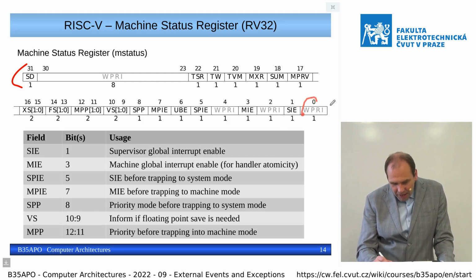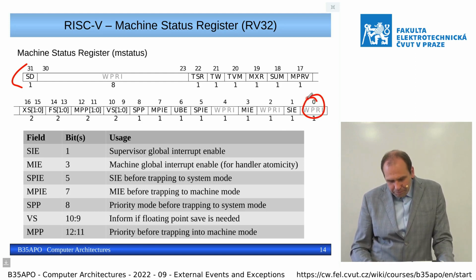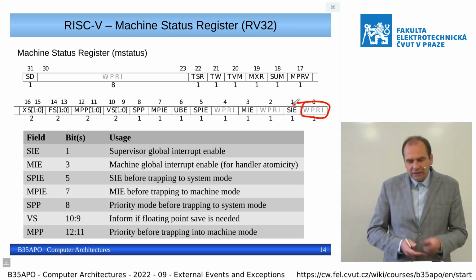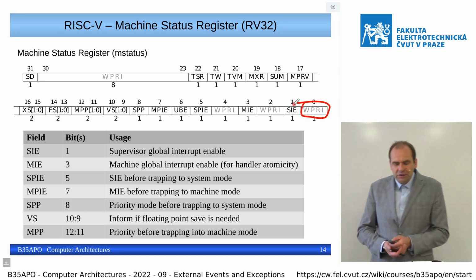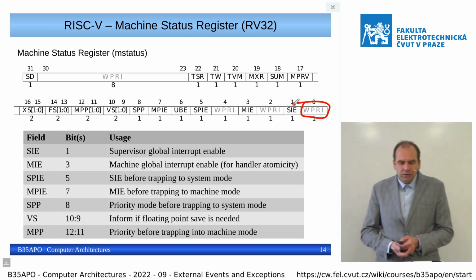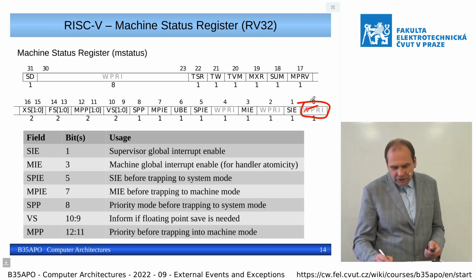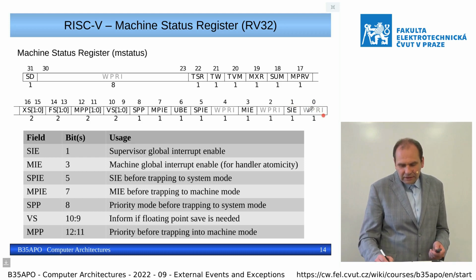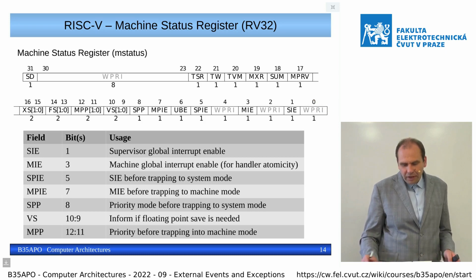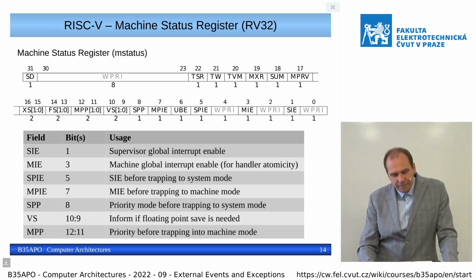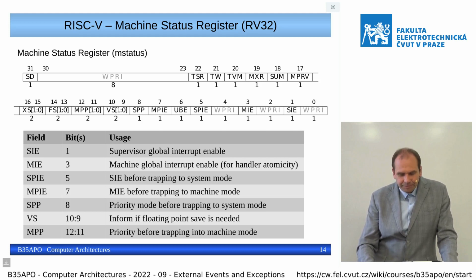Those which are marked WPRI are not defined by the architecture yet, but they are reserved, and you need to write there the value which you have already read from this field. You should not write anything else than what was there previously, to be compatible with future versions, and when you read the value, it should be ignored.